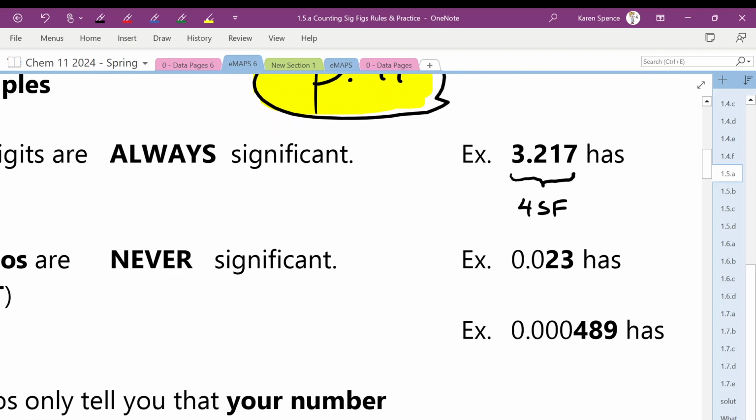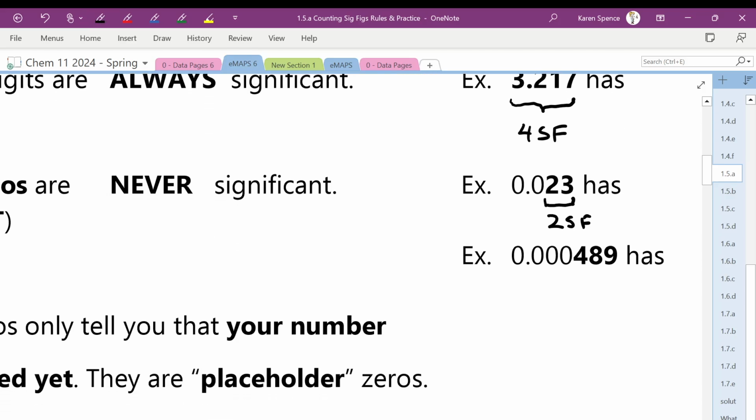Now, how about 0.023? Do those zeros at the front, are they significant? No, because they're on the left. So we only have 2 sig figs. How about 0.000489? 3 sig figs.